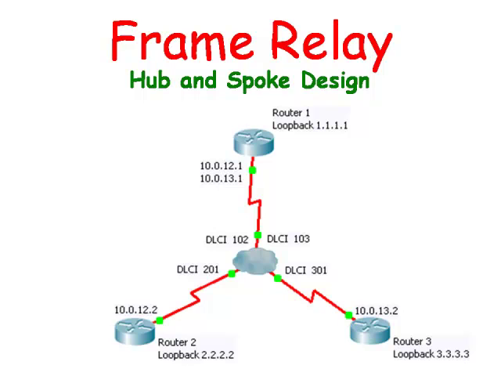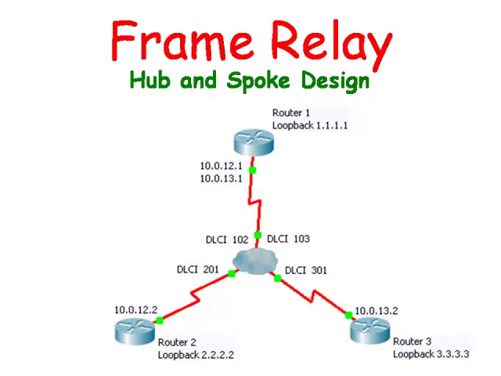When router 1 wants to send a packet to router 2, it sends it through the frame relay cloud with a DLCI of 102. And when router 2 wants to send router 1 a packet, it sends it through the frame relay cloud with a DLCI of 201.